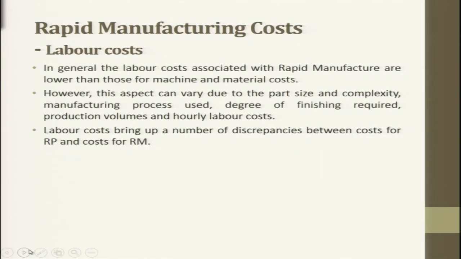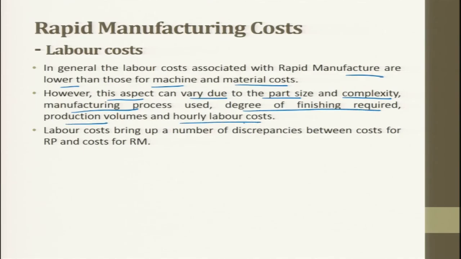Next is labor costs. The labor costs associated with rapid manufacture are lower than machine and material costs. However, this aspect can vary due to part size, complexity, manufacturing process used, degree of finishing required, production volumes, and hourly labor cost.